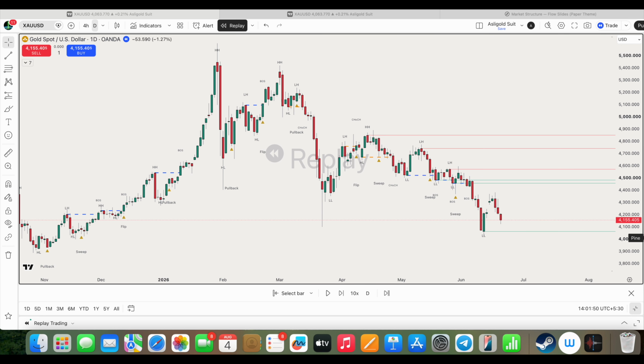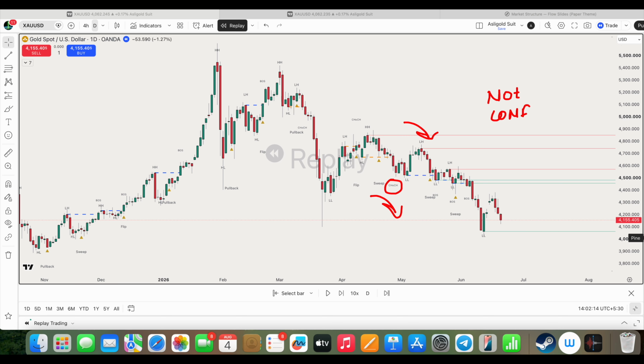Now please get this next part right, because this is the thing most people confuse the most. A CHoCH or change of character is a warning. It is not a confirmation. It is the first sign that the trend might be turning. It does not mean the trend has already turned. Think of it like a warning sign, not a green light.